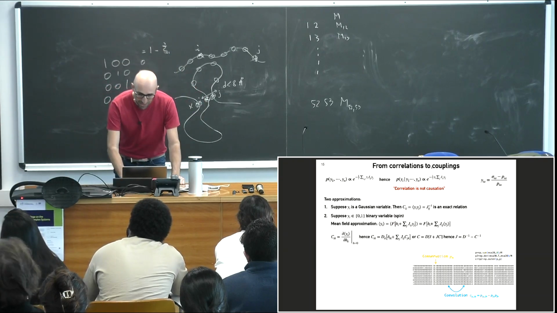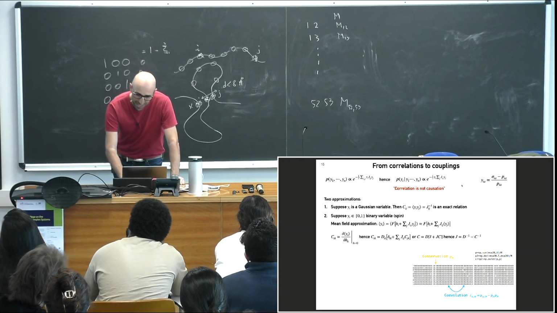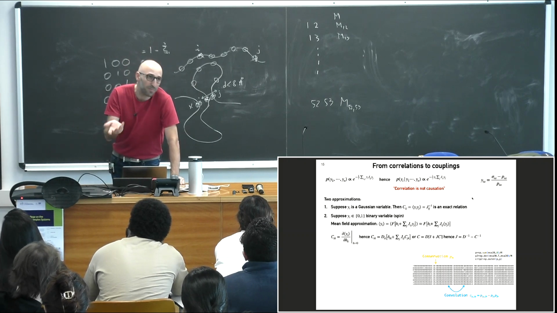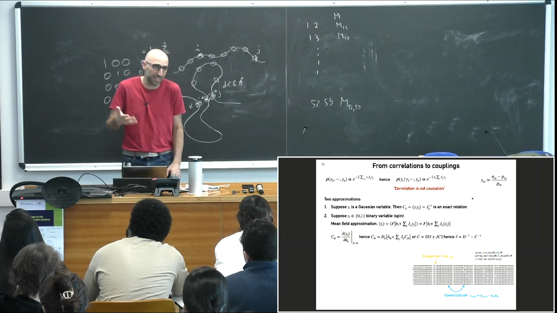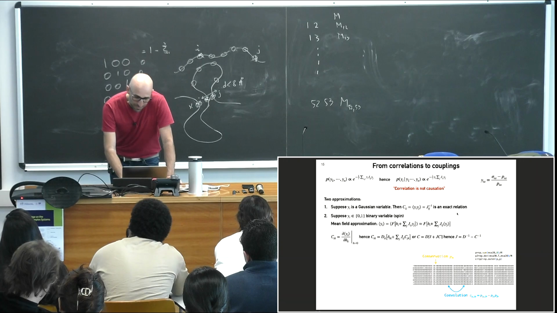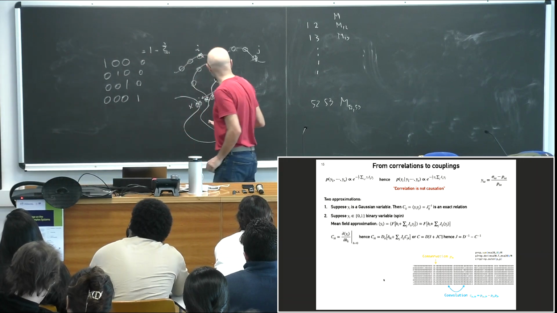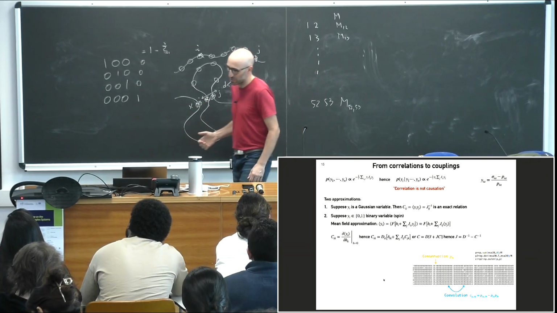We have seen that one way to do that is to assume that the variables are Gaussian and then invert the matrix, or to assume that the variables are categorical, which is correct in this case, and then do mean field. In both cases, the matrix of couplings, so the graphical model, is given by the inverse of the matrix of correlations.